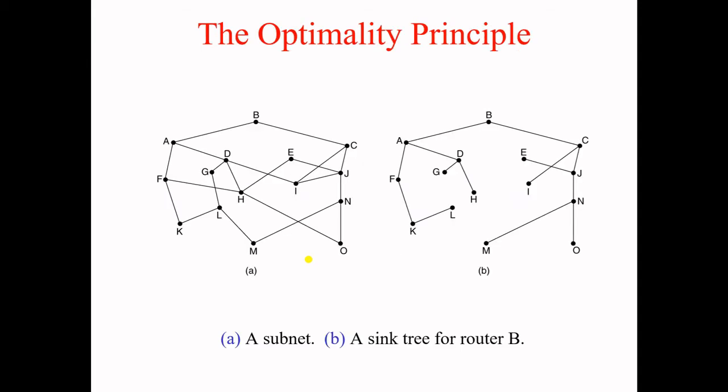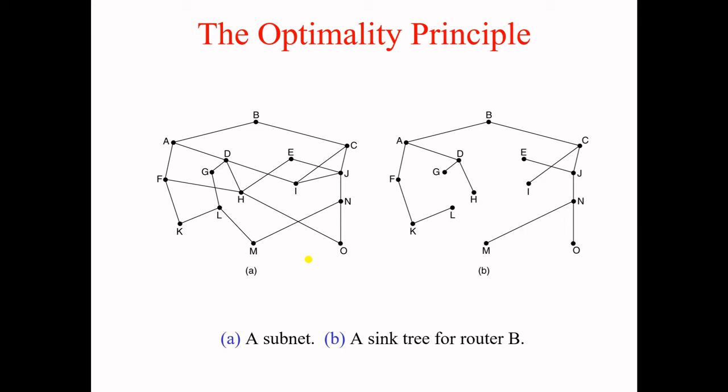Now, the optimality principle. We are not going to any specific routing algorithm till now. So before we get into a specific algorithm, it may be helpful to understand that one can make a general statement about optimal routes without regard to network topology or traffic.